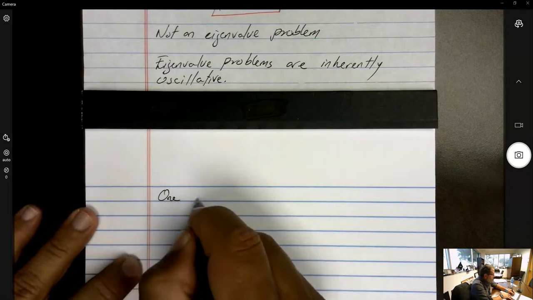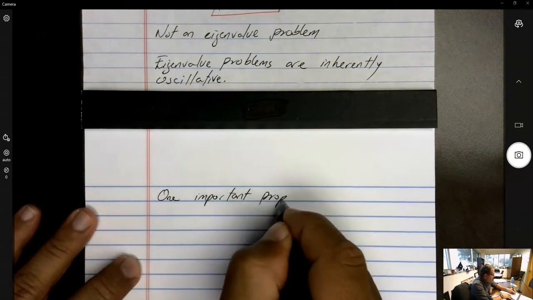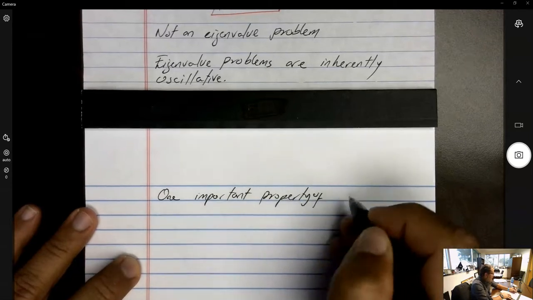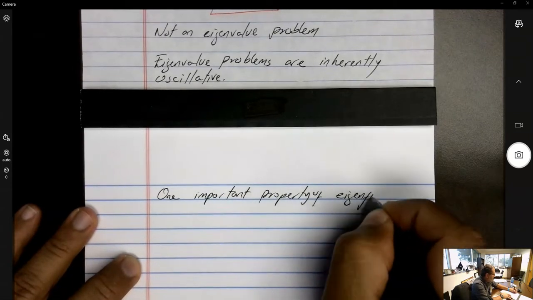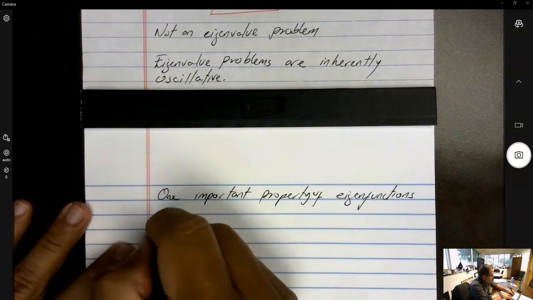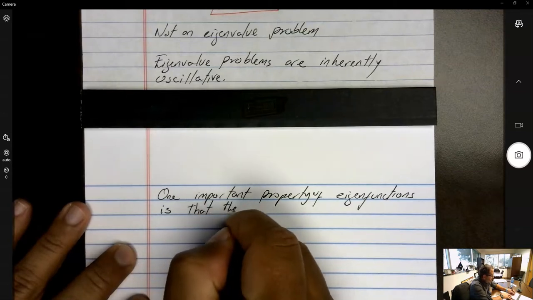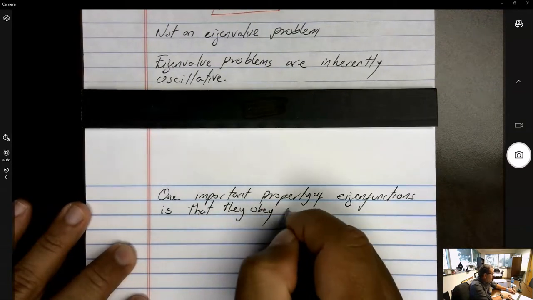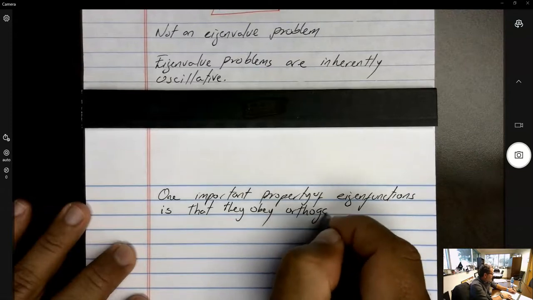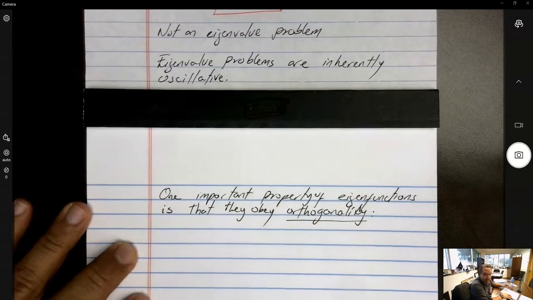Now, one important property of eigenfunctions, and this is also going to be a key piece in the solution of partial differential equations, is that they obey what's called orthogonality. And what is this?